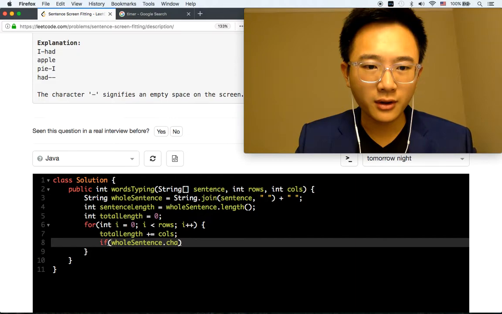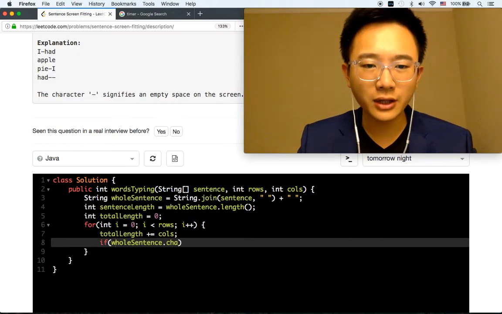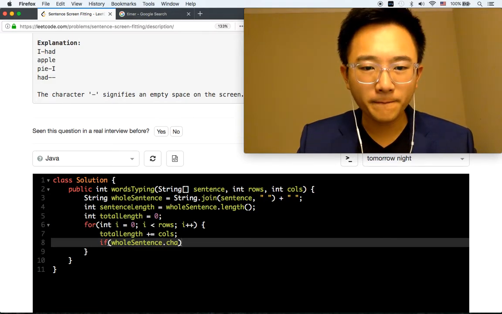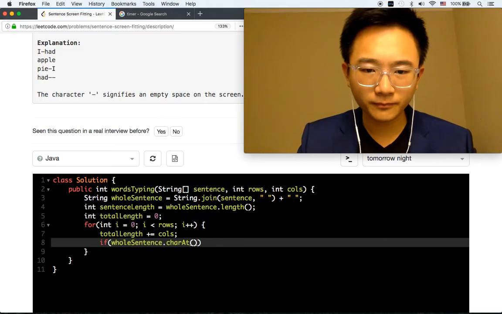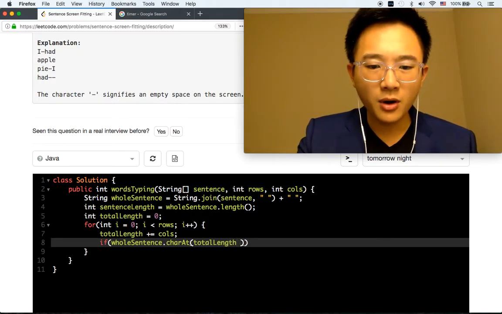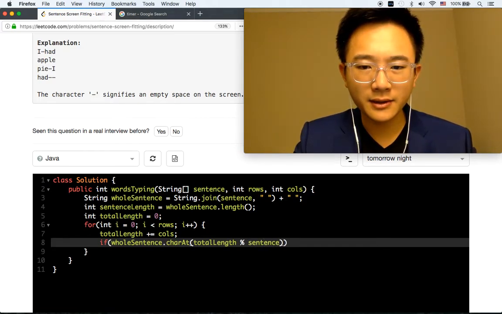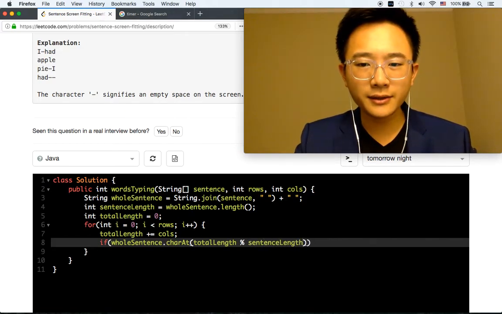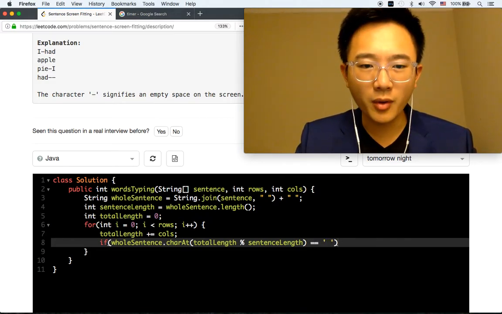First of all, we gotta make sure that this doesn't go over. Well, actually, no. So if whole sentence character at this position, which is total length mod sentence length, is equal to space, that's what we want, right?